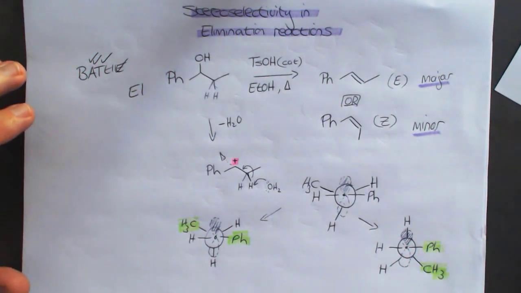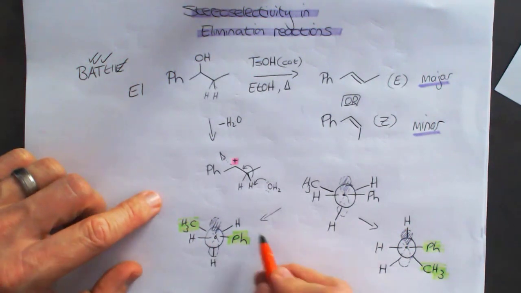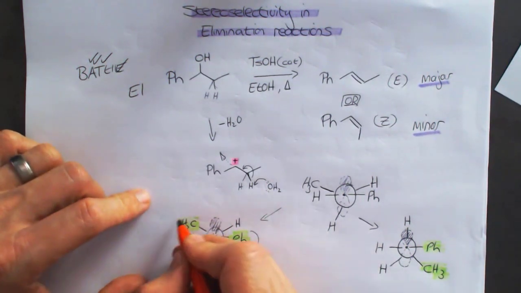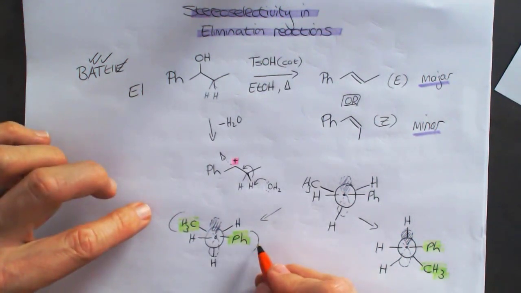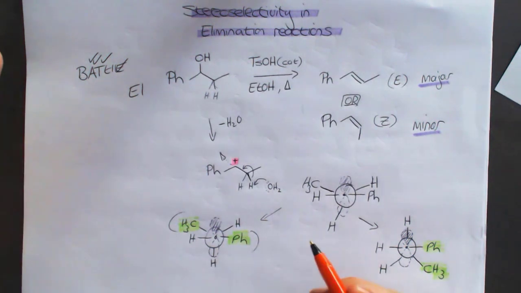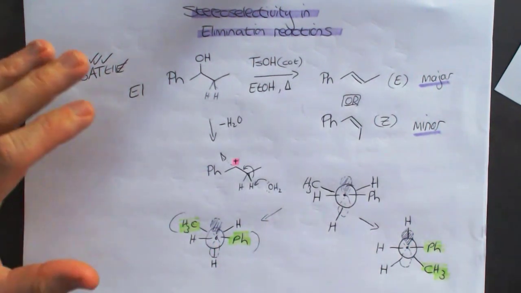Now, when they're far away from each other, this is the lowest energy transition state. There's no steric clash between those two parts. The only thing this is clashing with is a hydrogen, which is very small, and the only thing this is clashing with is another hydrogen, which is also very small.